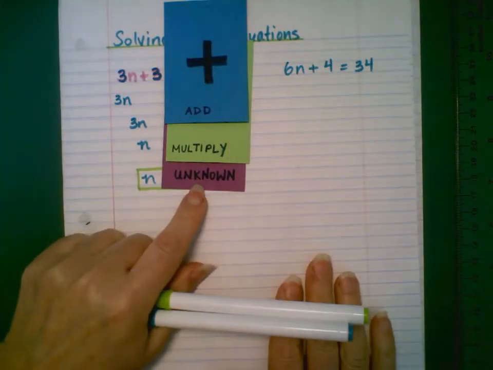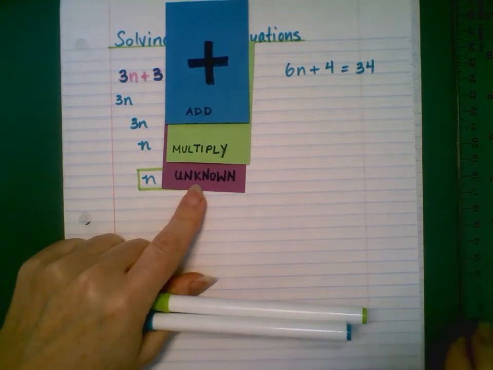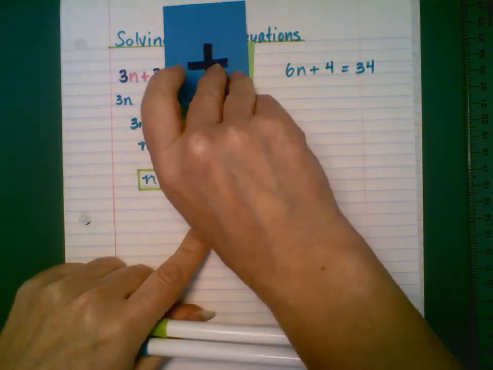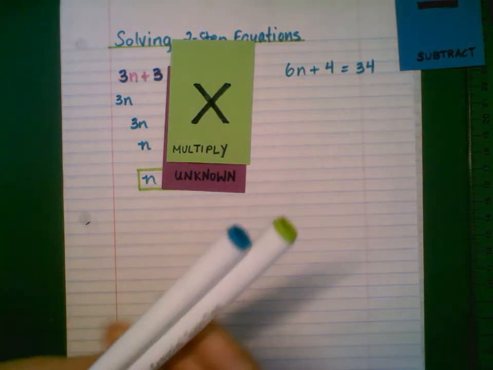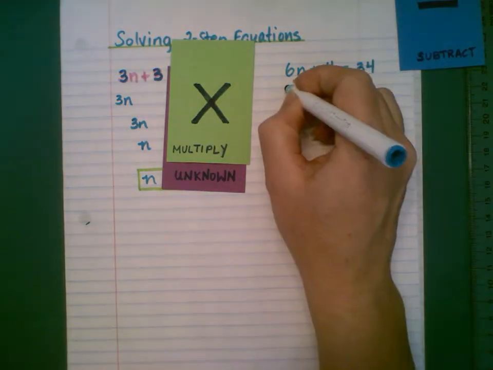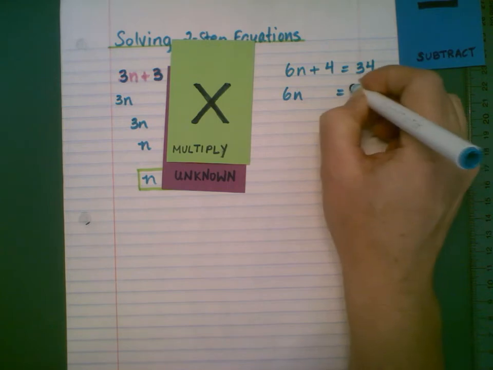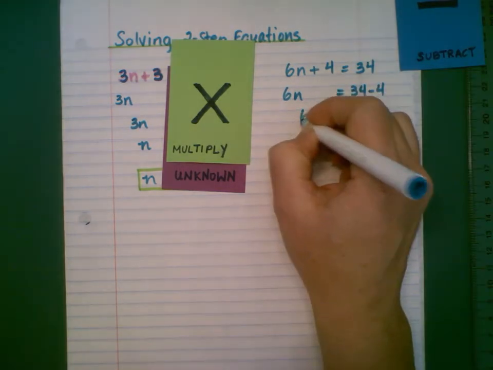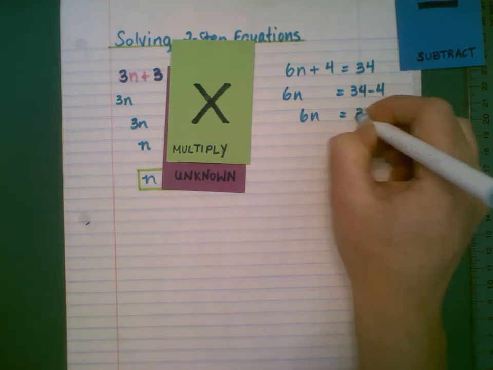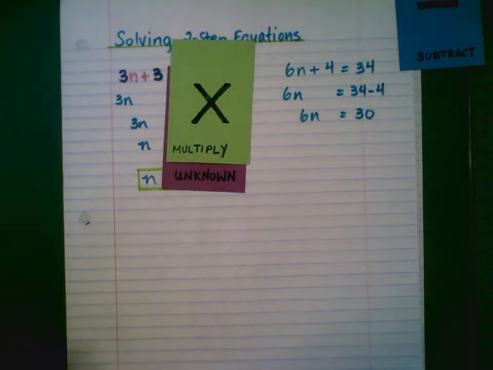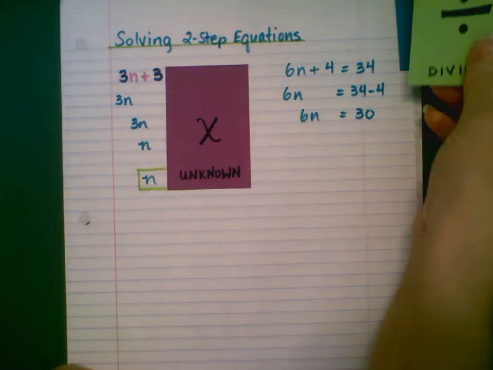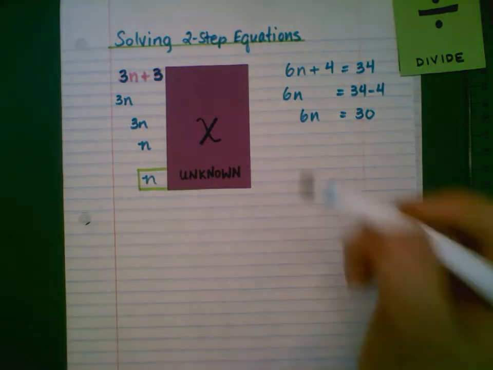So to get back to the unknown and isolate that, I'm going to have to undo those operations in the reverse order. So first undo the addition by doing subtraction. I can simplify that to 30. Now I've got a multiplication, which I can undo with a division.